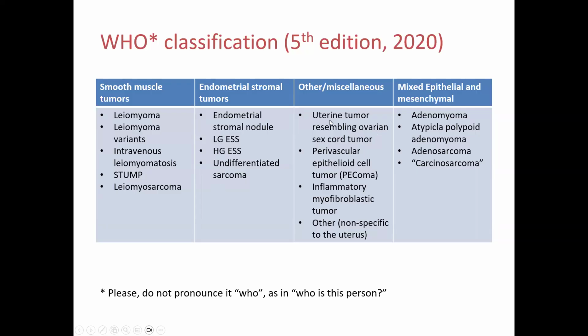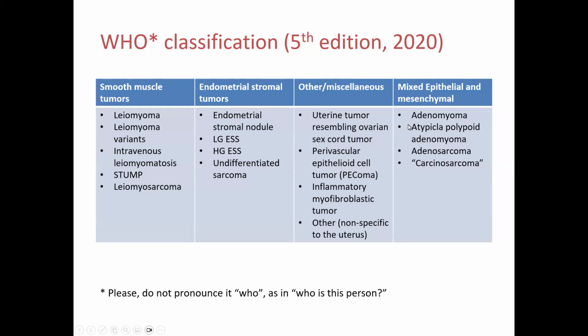There are other miscellaneous tumors, like the uterine tumor resembling ovarian sex-cord tumor, a very awkward, long name, but that's the best we could do. PEComas, IMTs, inflammatory myofibroblastic tumors, and other non-specific uterine tumors, basically any sarcoma you can see in the uterus.